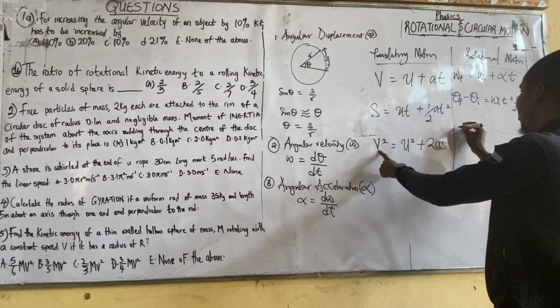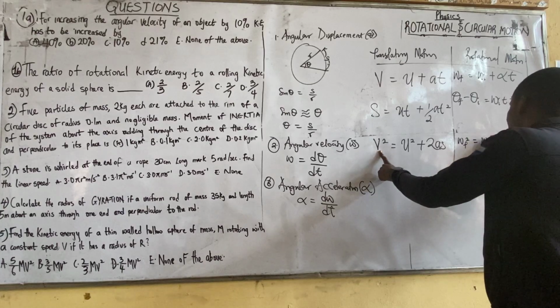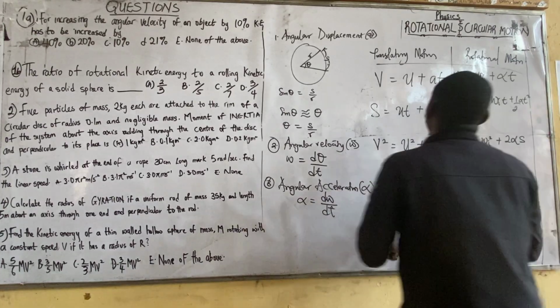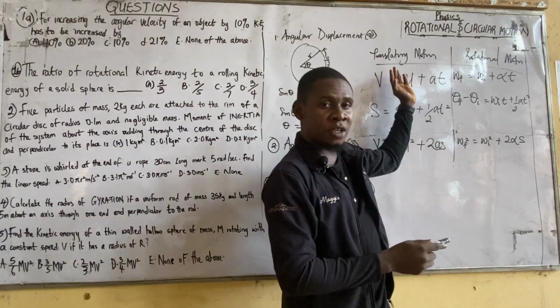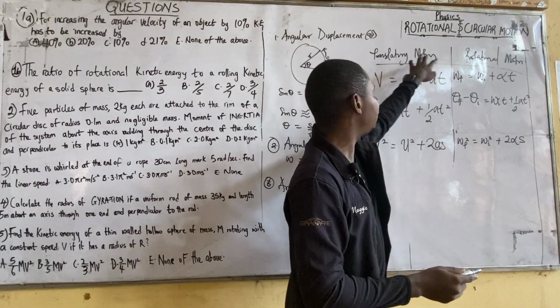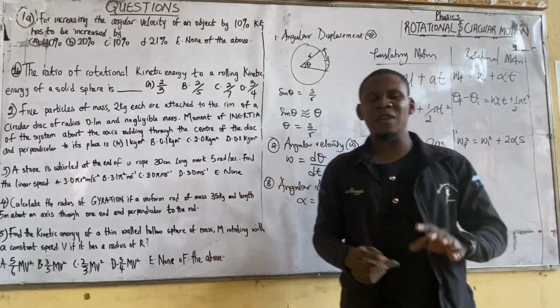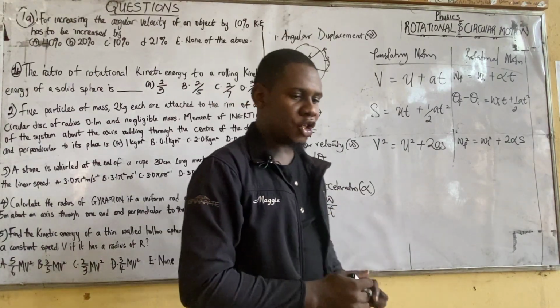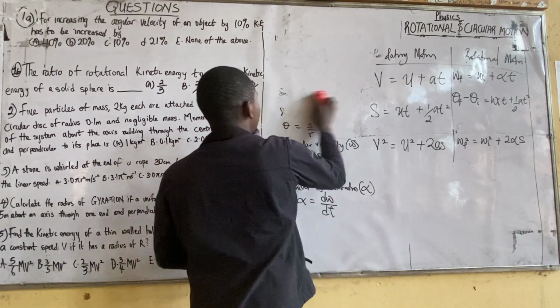And the same thing happens here: omega f squared is omega i squared plus 2 alpha s. Now this is a complete relationship or difference between the translatory motion and the rotational motion in terms of their equations.